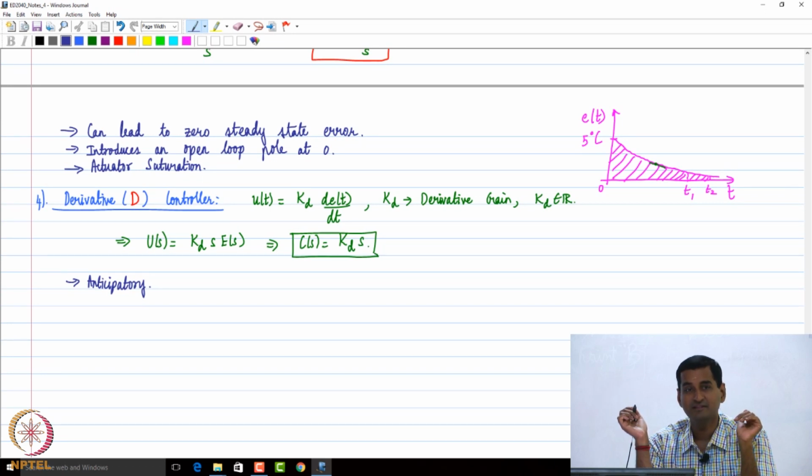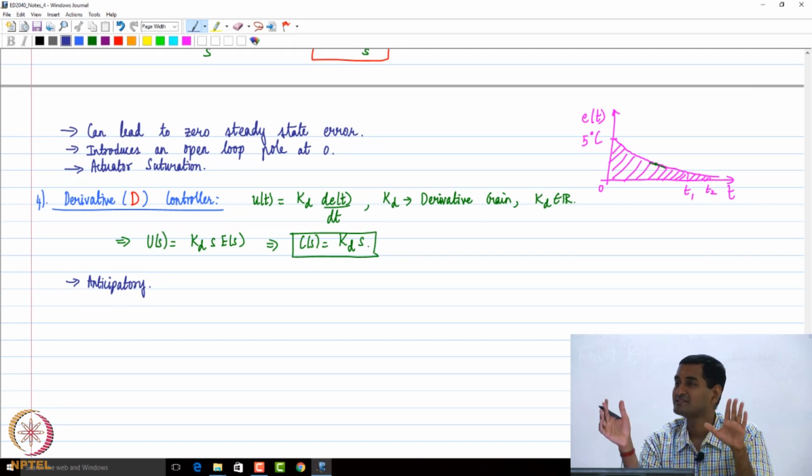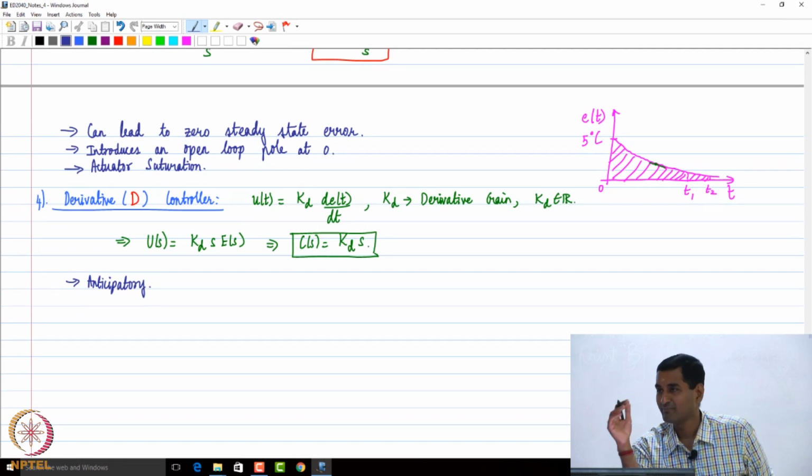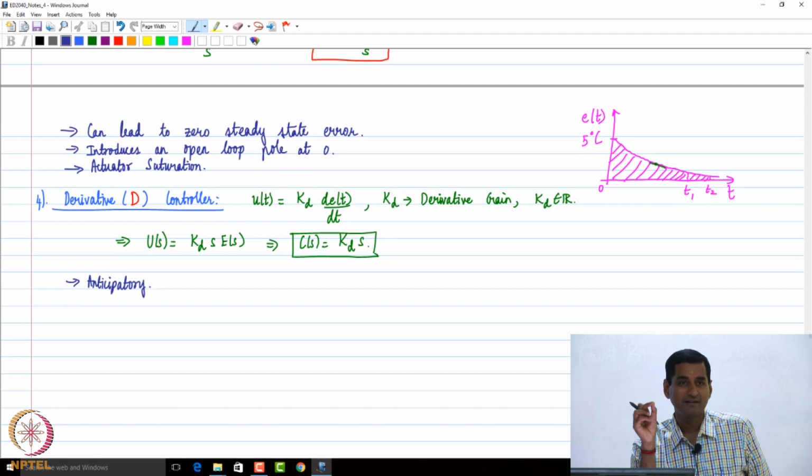Let's say the temperature error, due to some reason, falls to 2 degrees Celsius and remains there. In practice, we cannot control what may happen. Imagine a scenario where it becomes constant. Then what is the derivative of a constant? It becomes 0, right?